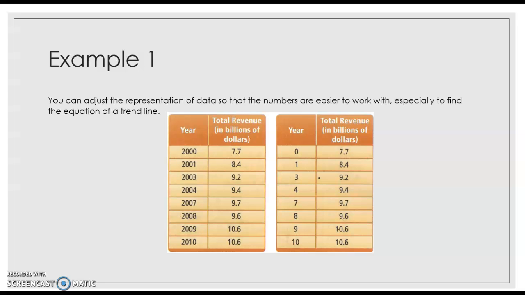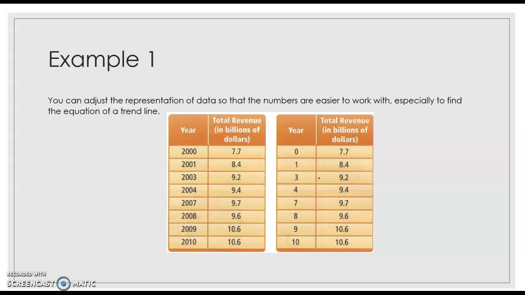Those are just things to think about. We probably would not be going all the way back to 2000. We'd probably be taking data from 2010. But this was the data they had when we got the books. So we're working with data from 2000 to 2010.